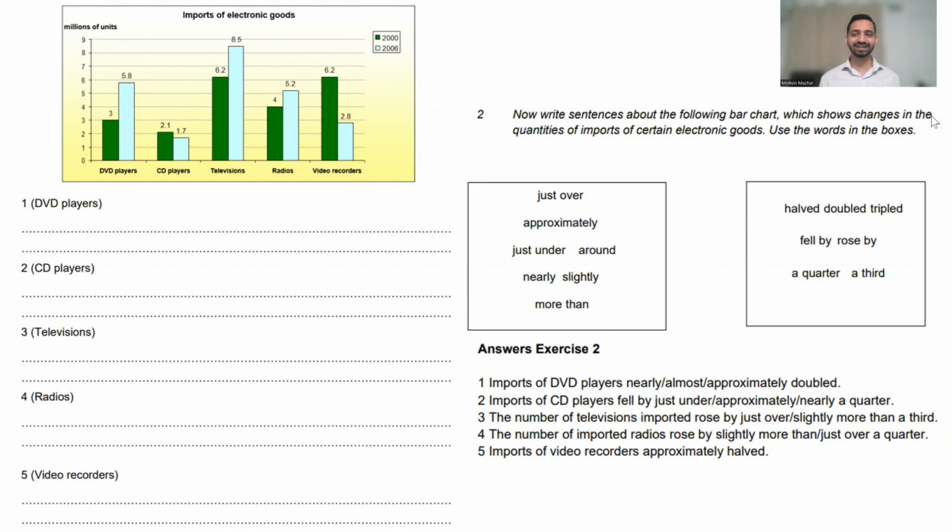We're not using exact numbers here, we're using approximations, right? These are the phrases that you can use. Number 4, the number of imported radios rose by slightly more than, just over a quarter. Number 5, imports of video recorders approximately halved, from 6.2 to 2.8, approximately half.